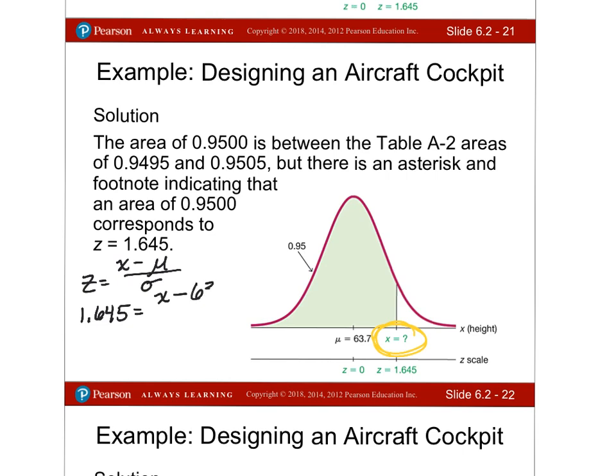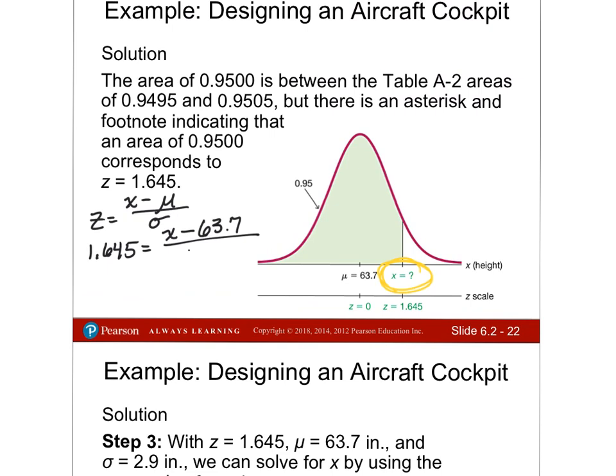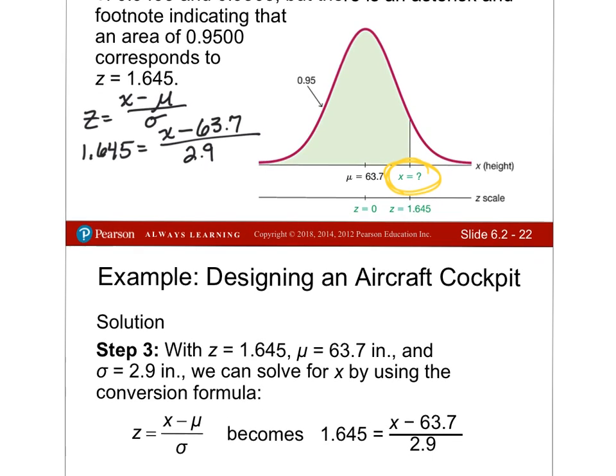I still know mu, and I still know the standard deviation, which is 2.9. So I'm still using the formula, but this time I know the z-score, and now I want to find the x value. I do a little algebra, so you multiply both sides by 2.9.